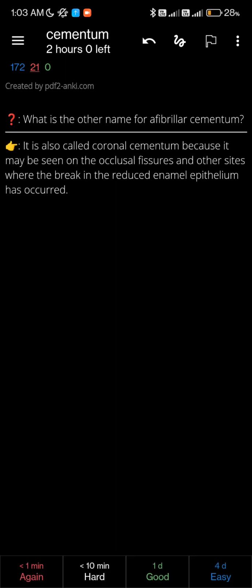Coronal cementum is found at the occlusal fissures and at sites where a break in the reduced enamel epithelium has occurred. What is intermediate cementum?